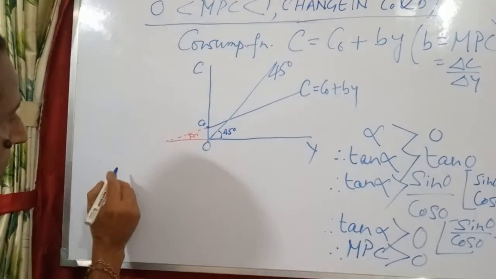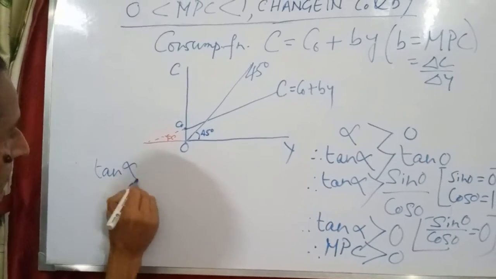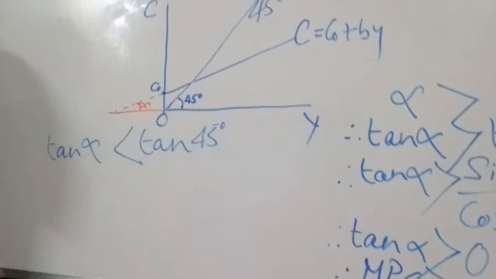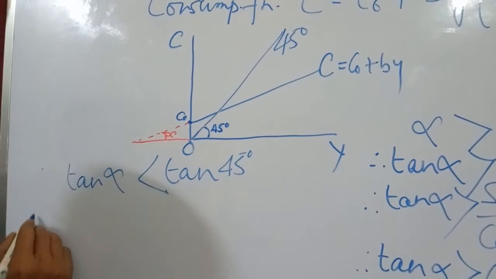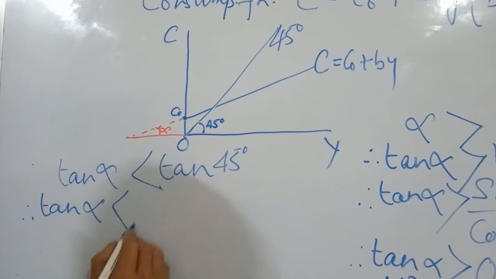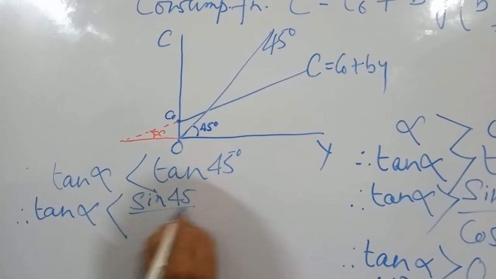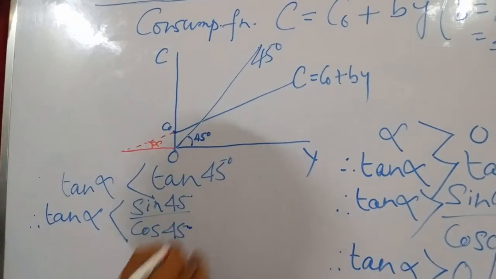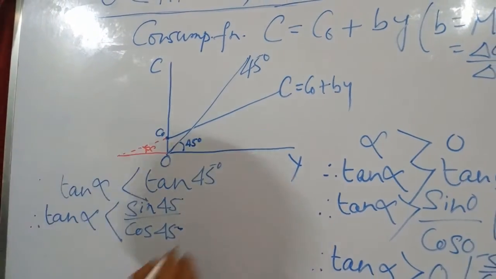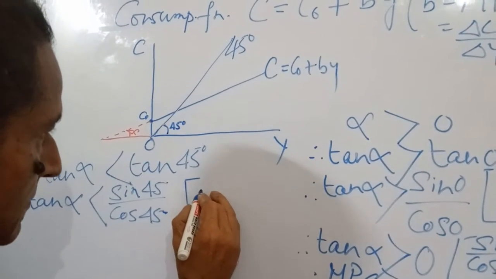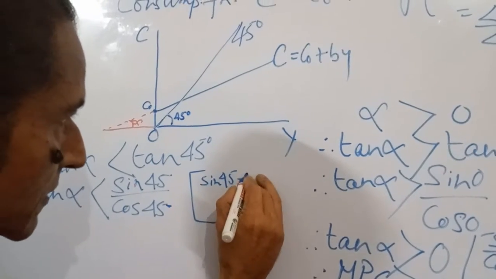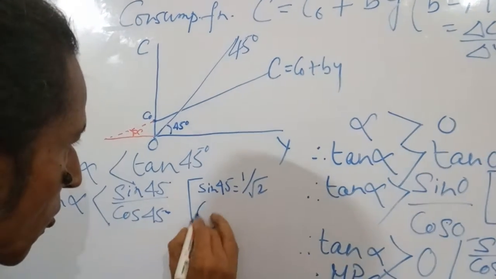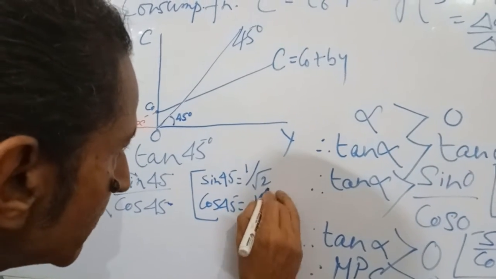Now you see tan alpha is less than tan 45. Therefore, tan alpha is less than sin 45 by cos 45. Correct? Now sin 45 is equal to 1 by root 2 and cos 45 is also 1 by root 2.